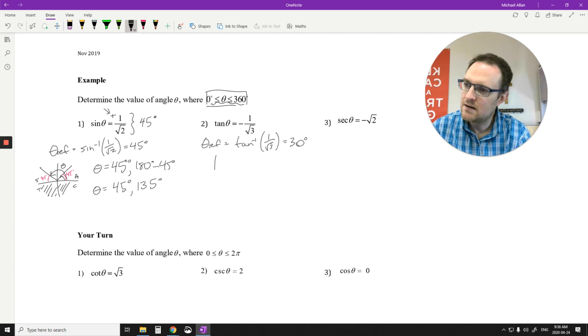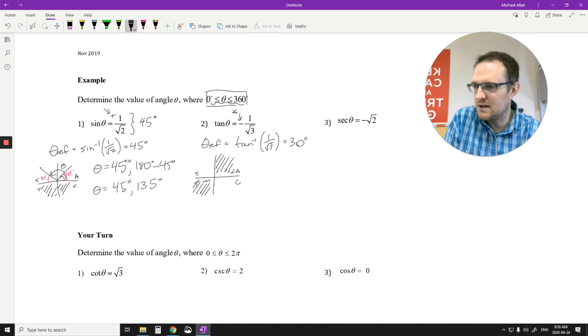Okay, now tan is negative in, "add sugar to coffee," not the all quadrant because everything's positive, not the T quadrant because that's where tan is positive. It is negative in these two quadrants.